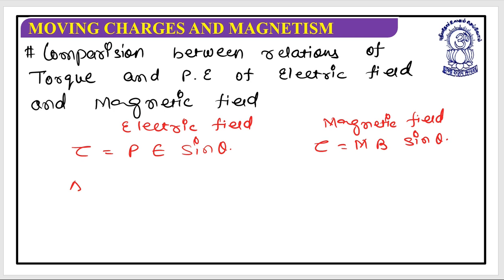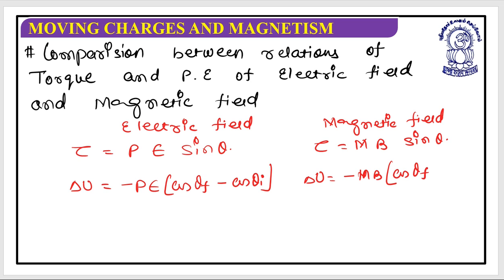For potential energy, or let's say delta U, here it was minus of P into E into (cos theta final minus cos theta initial). Here delta U is equal to minus of mB into (cos theta final minus cos theta initial).